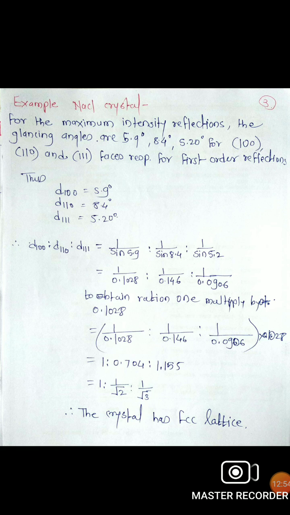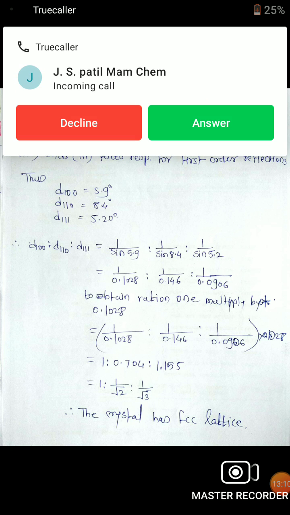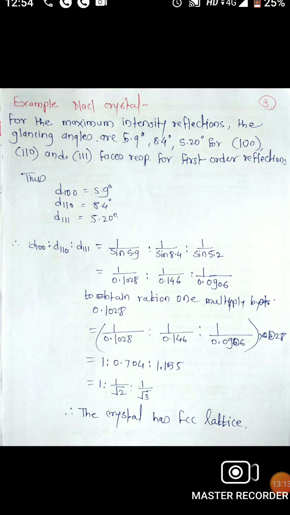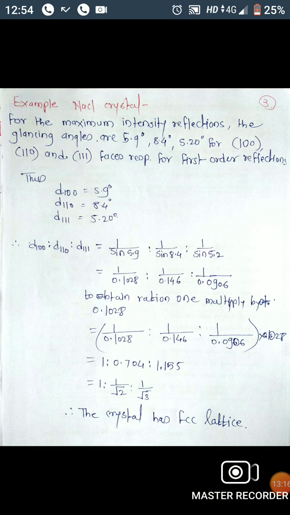To obtain a ratio 1, the first ratio is 1 in all three, therefore we multiply all these by 0.1028 to obtain the ratio 1 as to 0.704 as to 1.155, which is equal to 1 as to 1 divided by root 2 as to 1 divided by root 3.